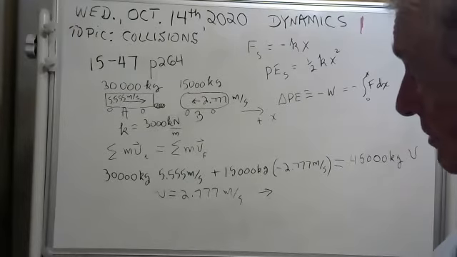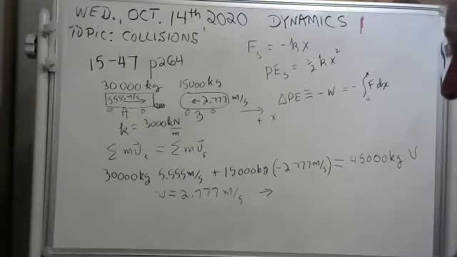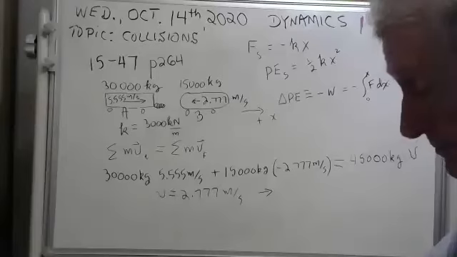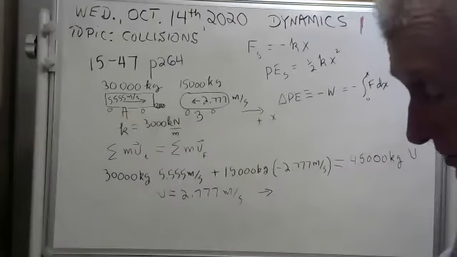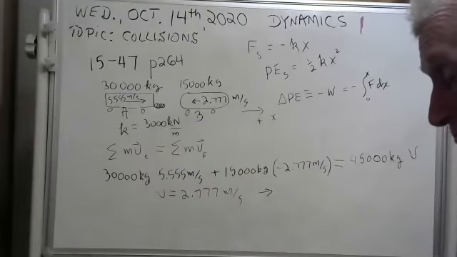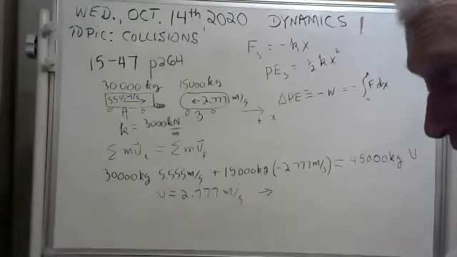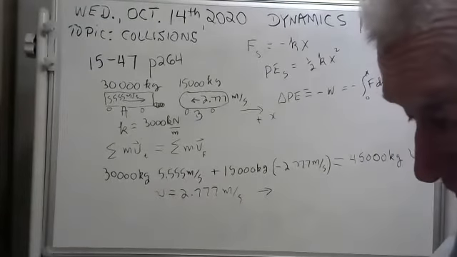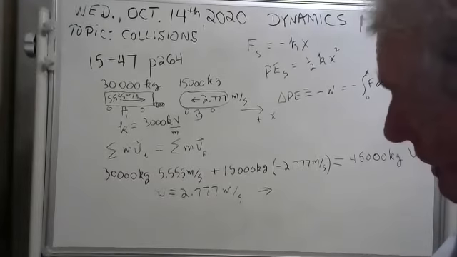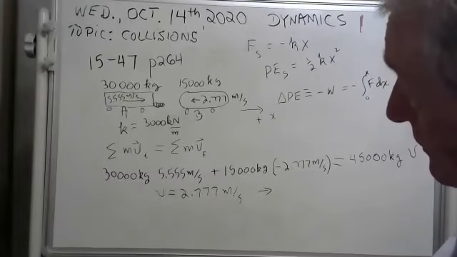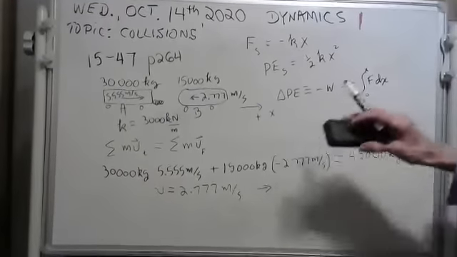But in this case, we're going to neglect any kind of friction, and spring forces are conservative. The only two kinds of forces that give you potential energy are gravity and elastic forces. Gravity doesn't play a role here because they're not going up or down. So we can use conservation of energy.